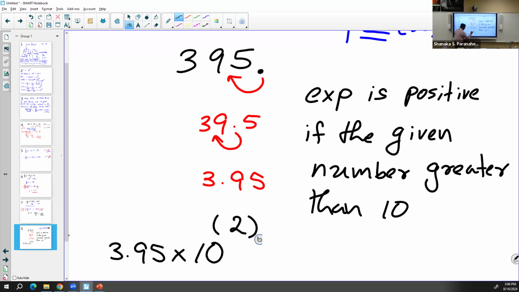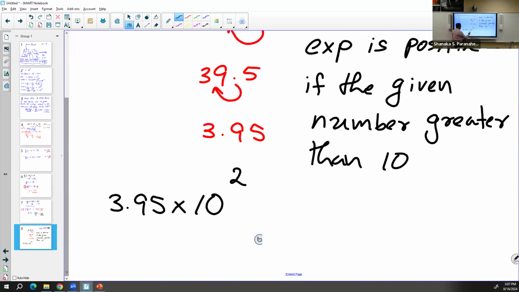Normally we don't write positive 2 like this; by default, without the sign, it's positive. This power or exponent can be positive or negative depending on the number. 395 is greater than 10, so this is positive.